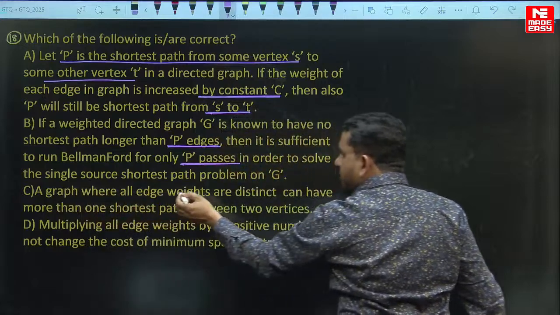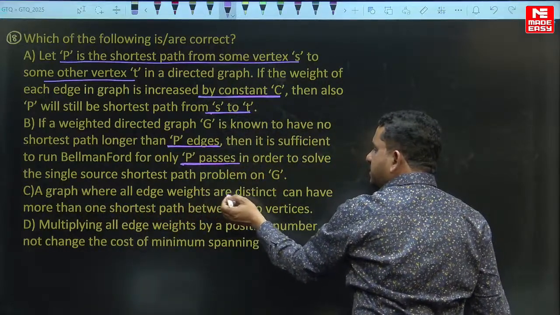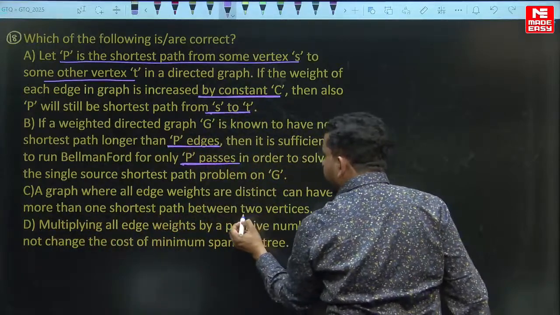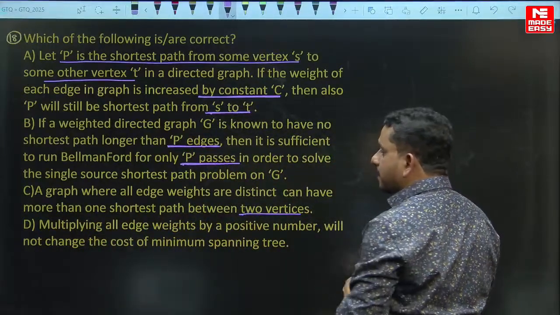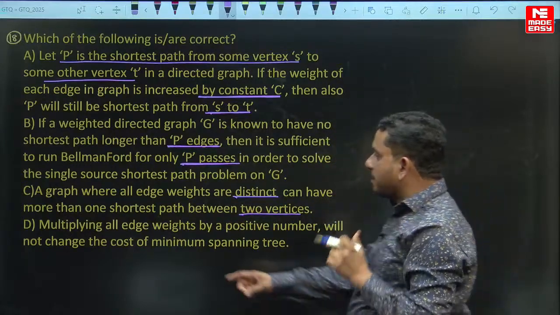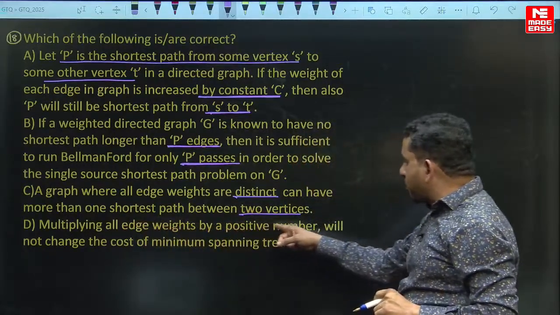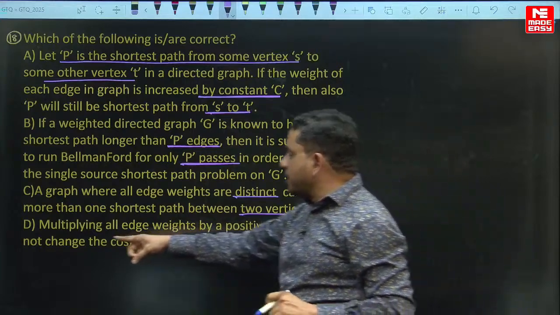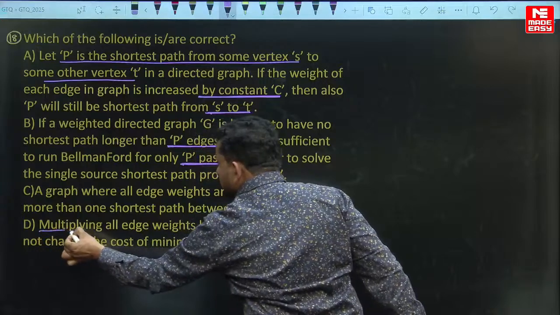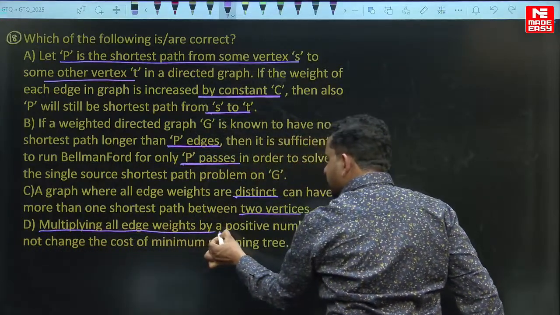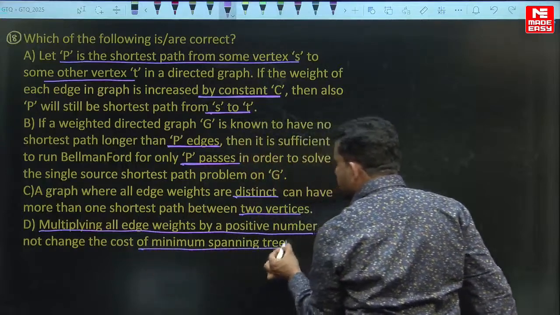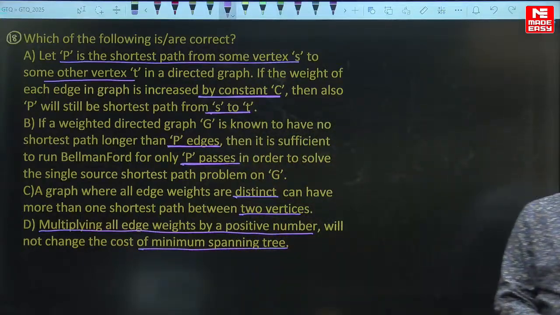A graph where all edge weights are distinct can have more than one shortest path between two vertices. Multiplying all edge weights by a positive number will not change the cost of the MST. If you multiply all edges by some positive number, does the MST change or not? True or false?